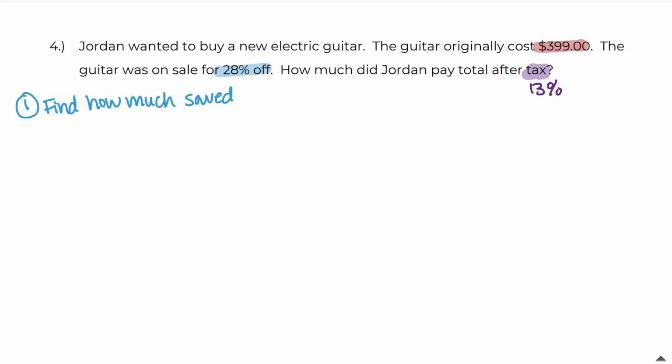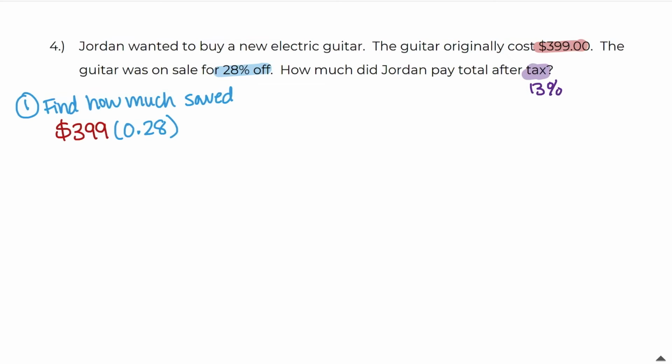And to find how much money was saved, all I have to do is take my $399 and multiply that by 28% as a decimal, just like we did in our previous examples. I think question number 1 is how we did this.